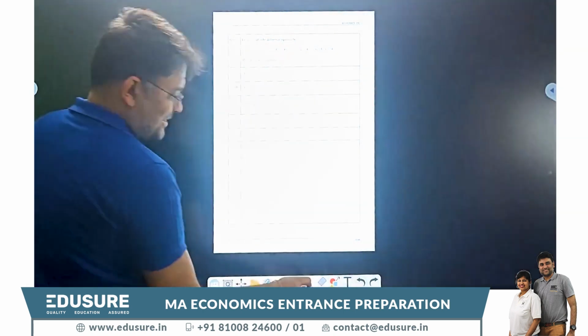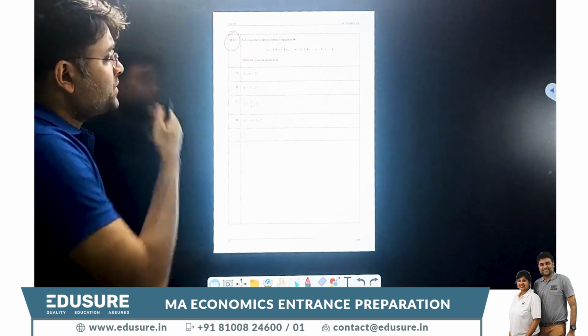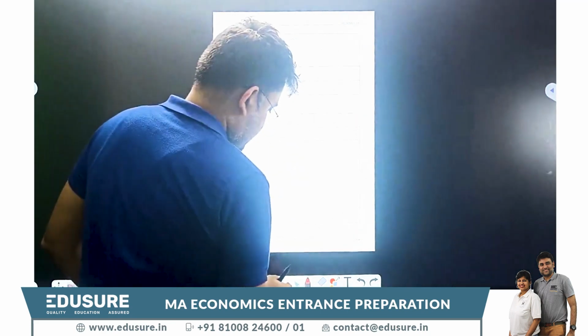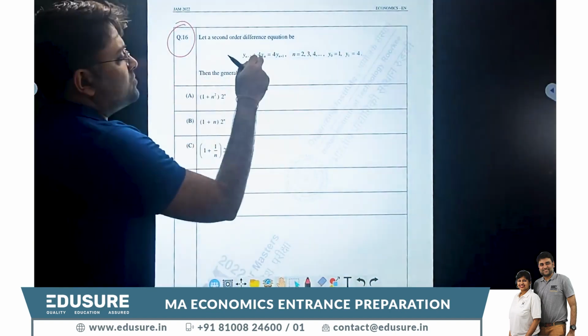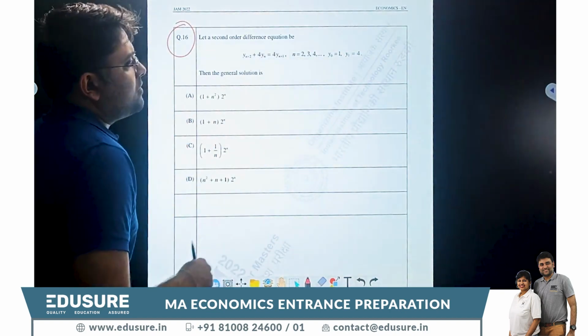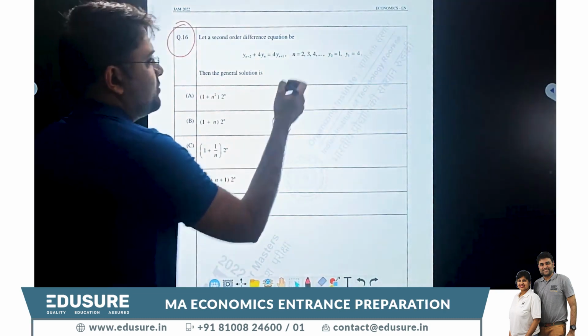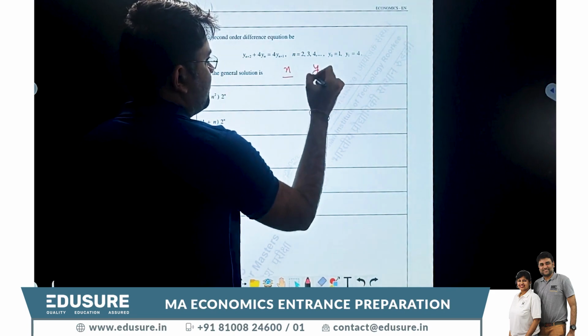Question number 16. IIT JAM 2022. Let the second order difference equation be, okay, let me increase it. y(n+2) plus 4y(n) is equal to 4y(n+1), n is equal to 0, 1, 2, 3, 4 up to whatever. So let's put the n values and I'll take the yn value.